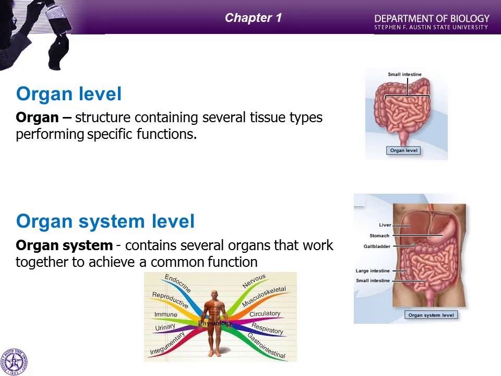Now we have an organ system. So the stomach at the organ level, with its very specific function, which is the breaking down of our food, works along with our intestines, whose function is to absorb material. That's all part of our digestive system.